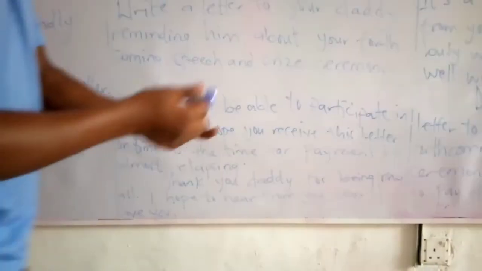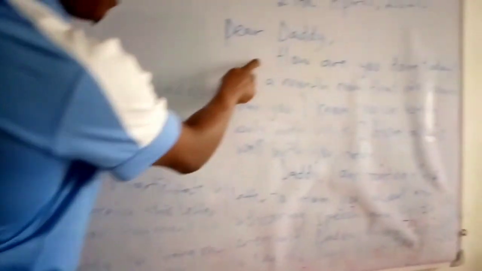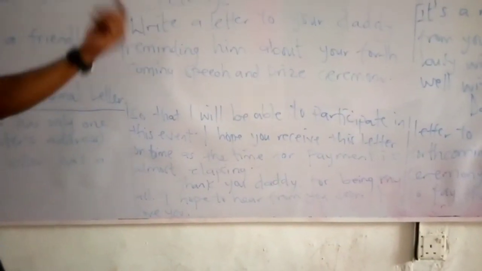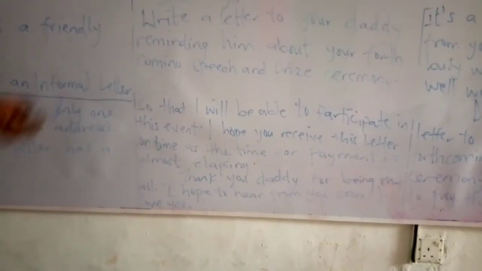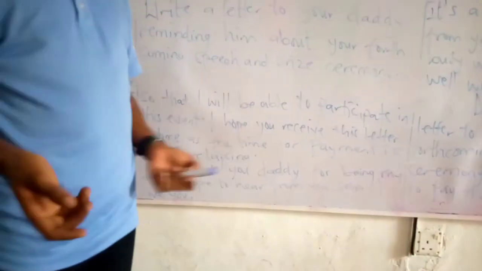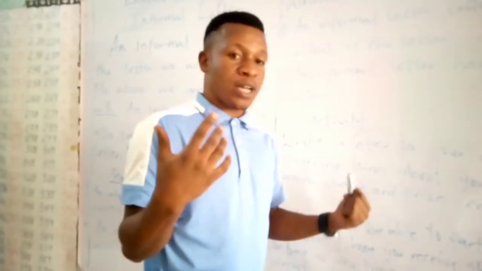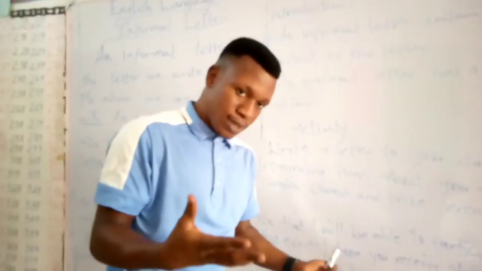So now, when you finish, remember that this is one paragraph, another paragraph, a third paragraph. Now you're going to conclude. How do you conclude? Yours sincerely, Jane. Because Jane is the person writing to Daddy.